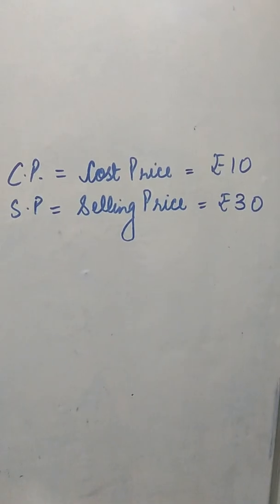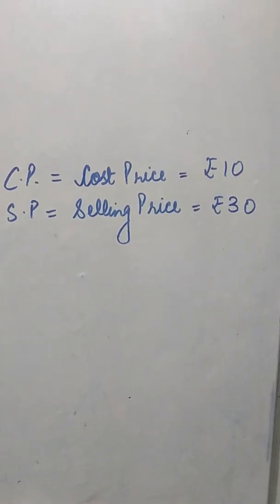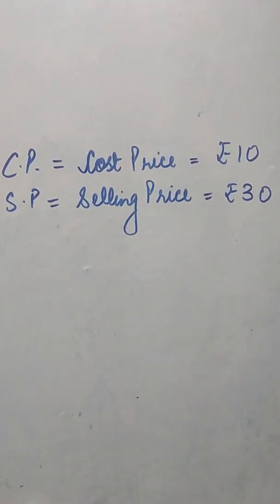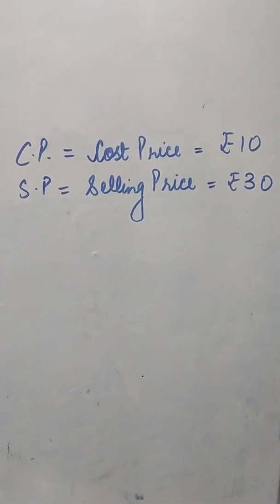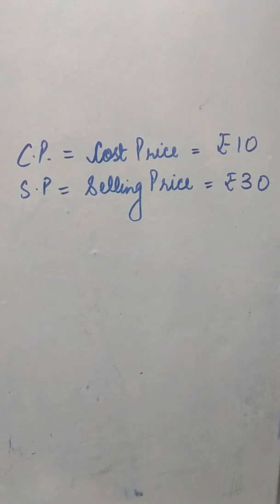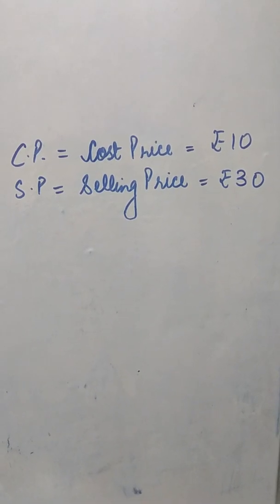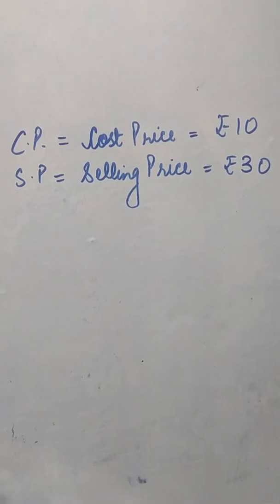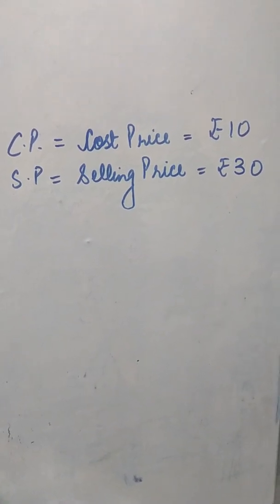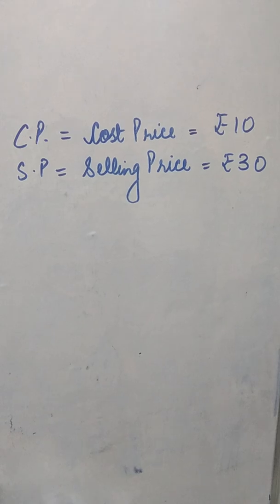In this case, the CP comes out to be rupees 10, the price of the candy, and Mark sold it for rupees 30 to Eric. So the SP is rupees 30. In this case, we can see that the money invested by Eric is more than money invested by Mark.